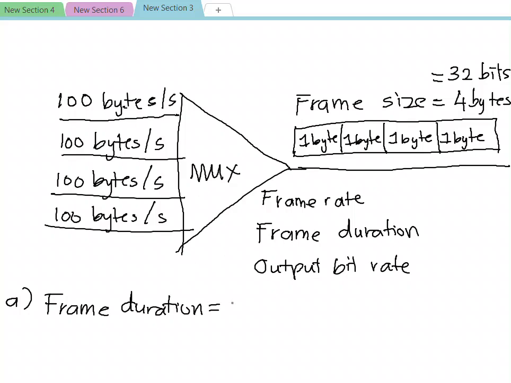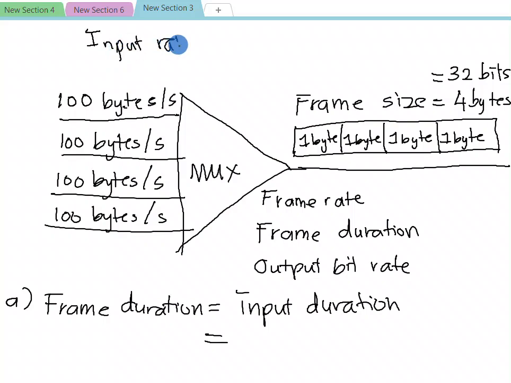Untuk mencari frame duration, we have to know input duration. Input duration kita diberi, ini adalah input rate. Input rate equal to 100 bytes per second.